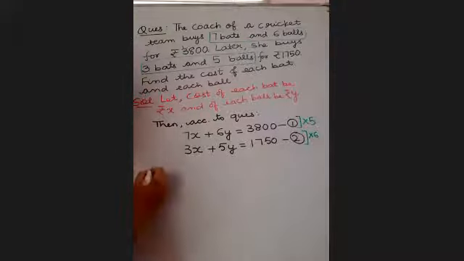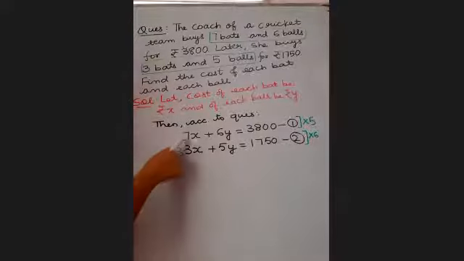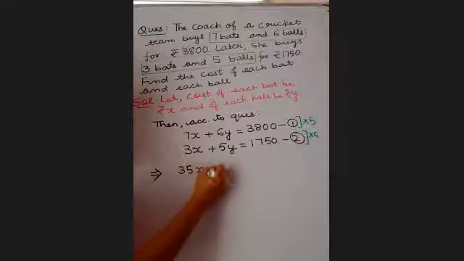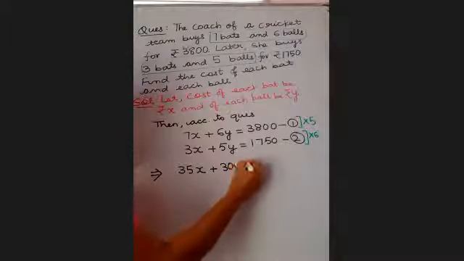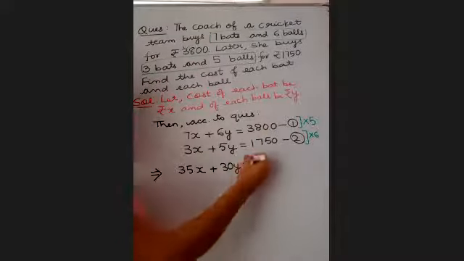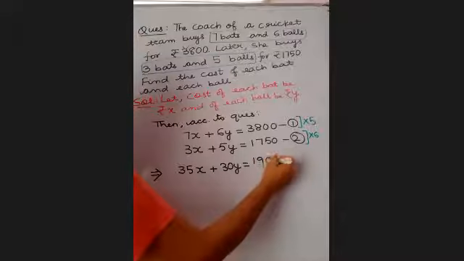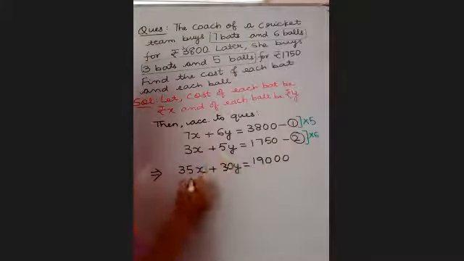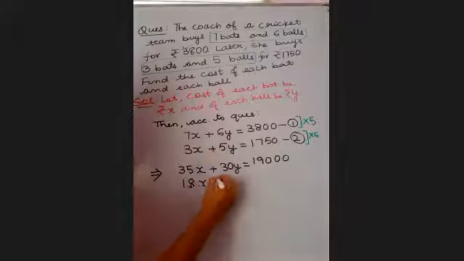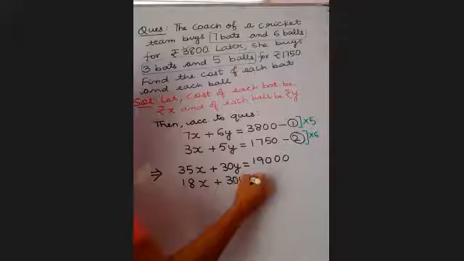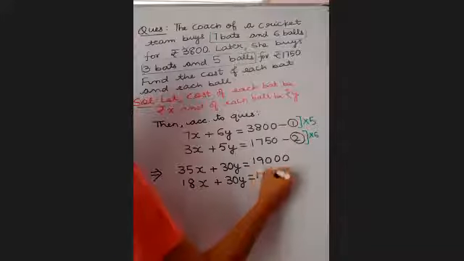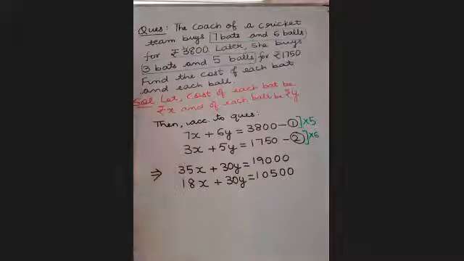Okay, so let us see what we get. 7 into 5 is 35x plus 30y equals 3,800 into 5, which is 19,000. Then 3 into 6 is 18x plus 30y equals 1,750 into 6, which is 10,500.